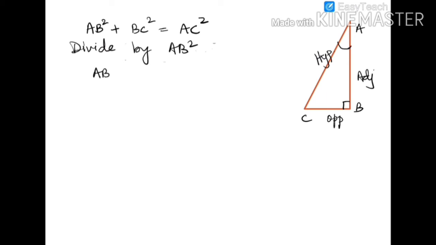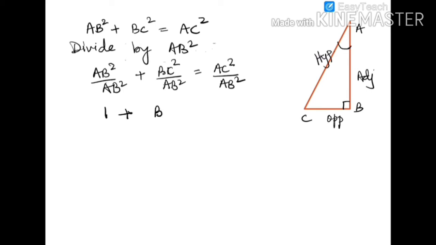So we will get AB square divided by AB square plus BC square divided by AB square equal to AC square divided by AB square. This is 1 plus (BC upon AB) whole square equal to (AC upon AB) whole square.